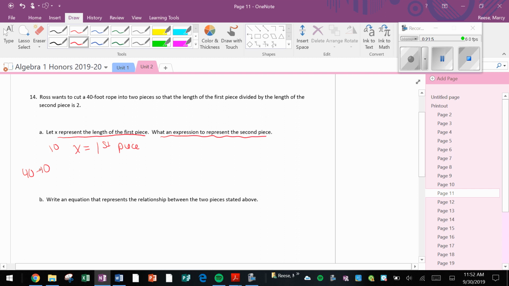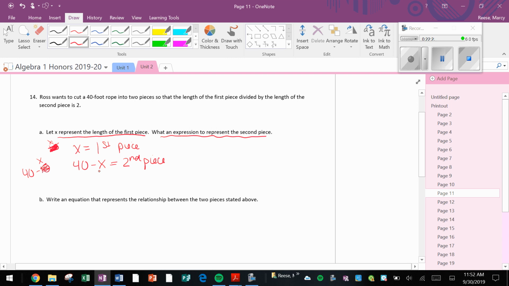So think of it that way. We don't know what our first piece is. We don't know that it's 10. We're calling it x. So to get my second piece, I'm literally going to say whatever 40 is, I'm going to subtract that first piece, and the leftover is going to be my second piece length. Whatever the first piece is, calling it x, the second piece would be 40 minus x.